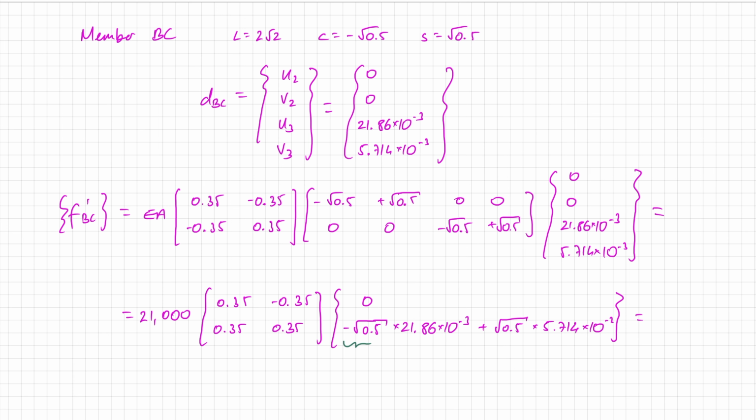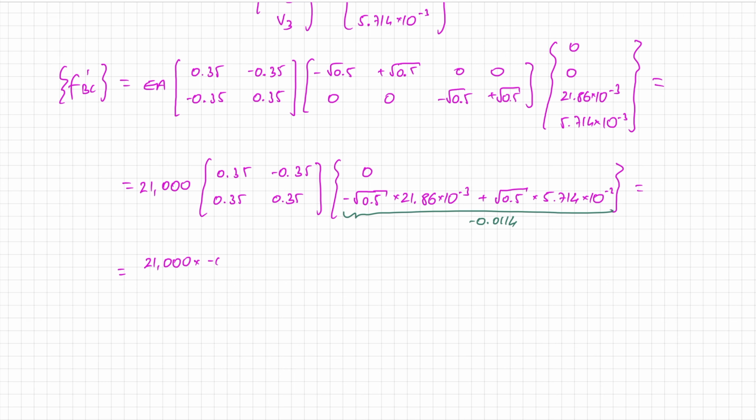Now this part here works out as minus 0.0114, and so here I get 21,000 times minus 0.35 times minus 0.0114, and here I get similar, just with plus 0.35, and that gives me 83.9 kilonewtons and minus 83.9 kilonewtons.